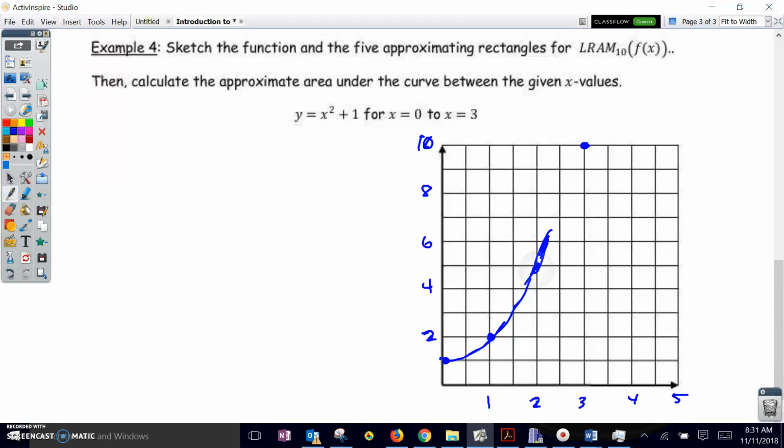So LRAM 10 should be a better approximation than LRAM 5, and LRAM 20 should be a better approximation than LRAM 10. We would subdivide this function into, it's 3 units wide divided into 10 rectangles, so each subinterval here would be 3/10 of a unit wide.